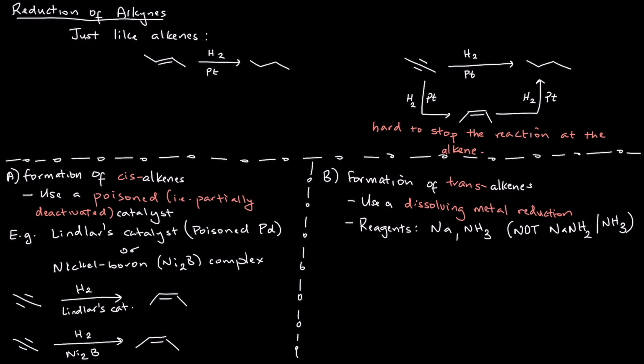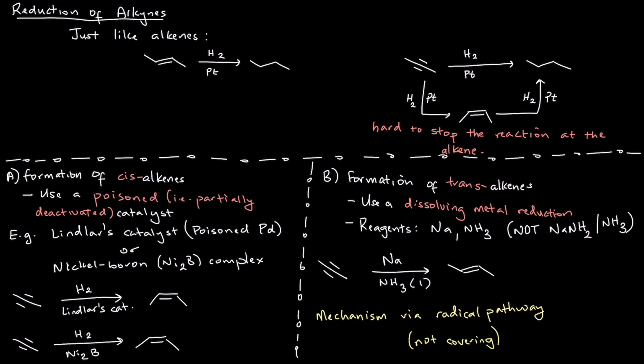These are two completely different reagents, so be very careful about that. We're looking at, in this case, solid sodium in liquid ammonia. So if you take this alkyne and react it with solid sodium dissolved in liquid ammonia, you're going to preferentially get the trans-2-alkene.